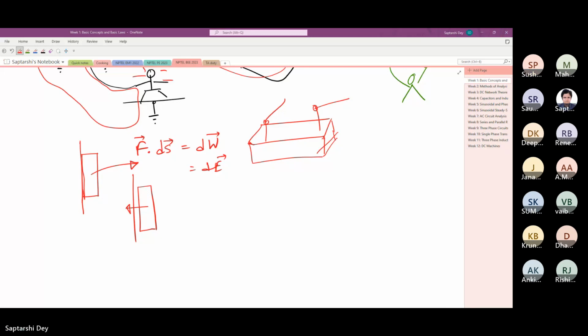Hmm. So from where does this force come? It is stored energy in the field, no? Oh, yes. When you took it away, energy got stored in the field.